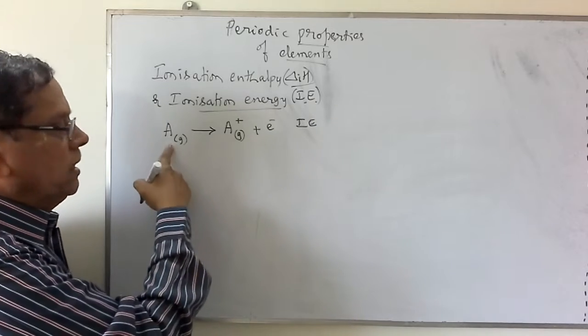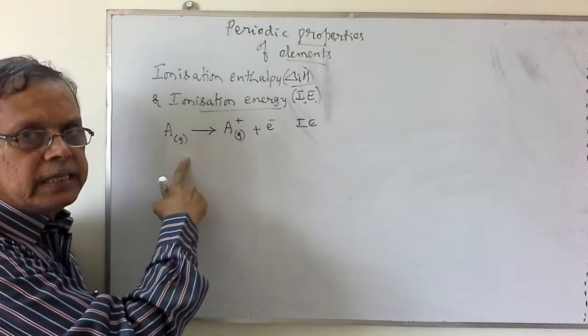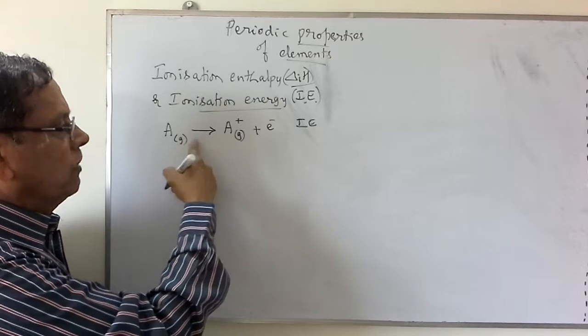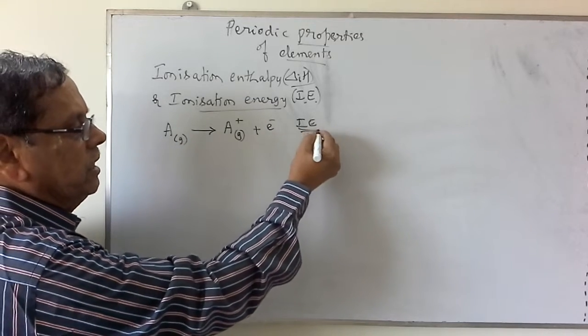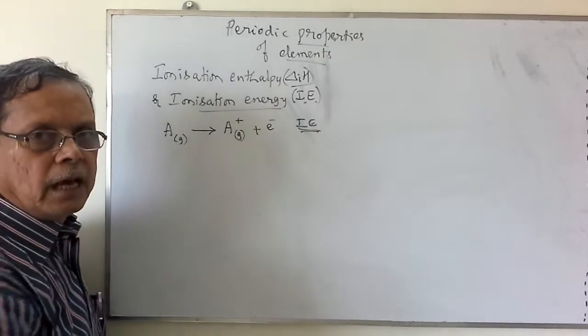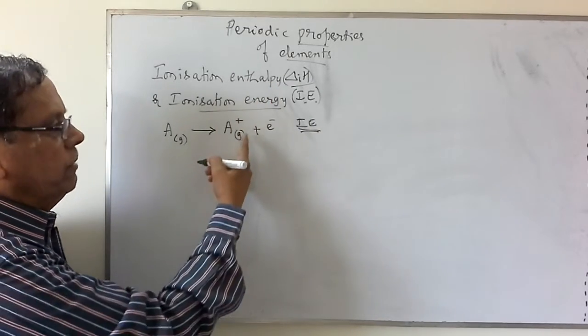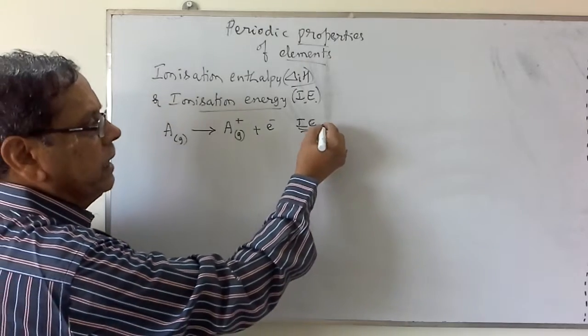When you consider an atom in its isolated gaseous state, to remove the electron from the outermost orbit, the energy required is called the ionization energy or ionization enthalpy. Since we are removing the first electron, it can be indicated as IE1.